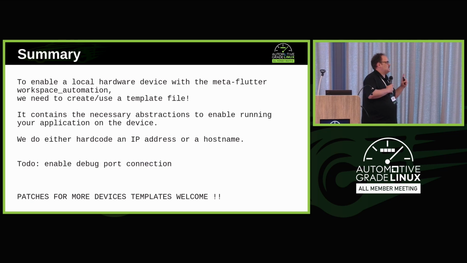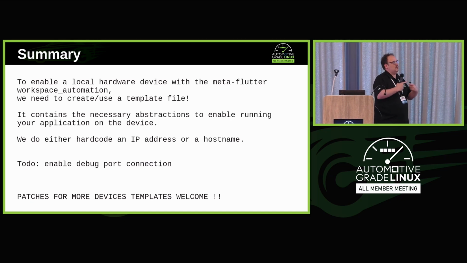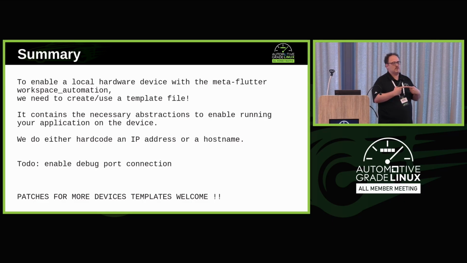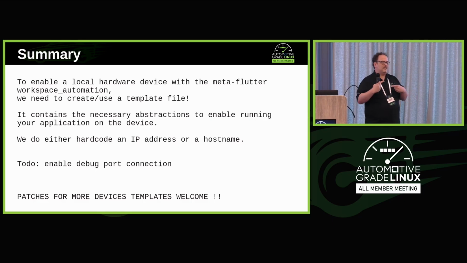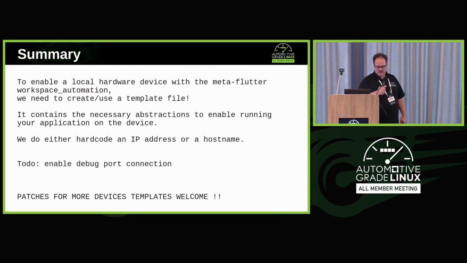One thing that is not 100% working yet is the debug connection of Visual Studio Code. I have a PR open upstream, and we are looking at what port forward is missing to make that work. And of course, we can add more devices, so patches are welcome.